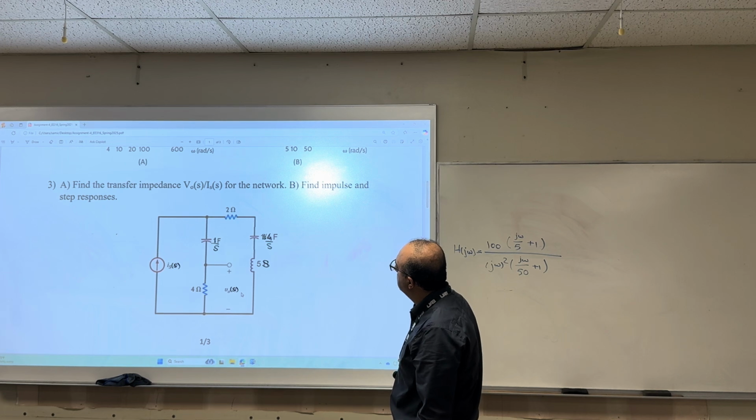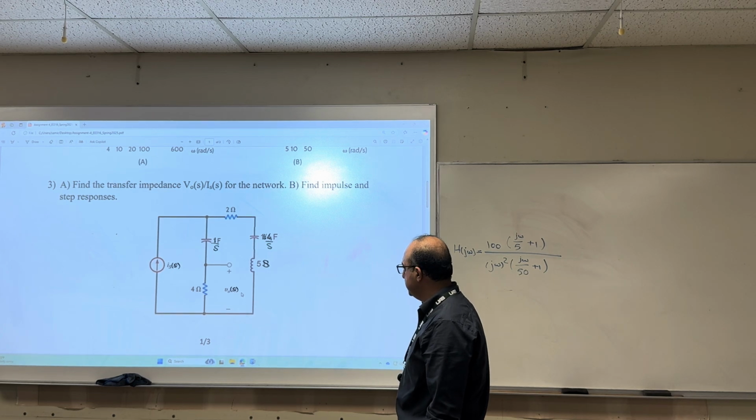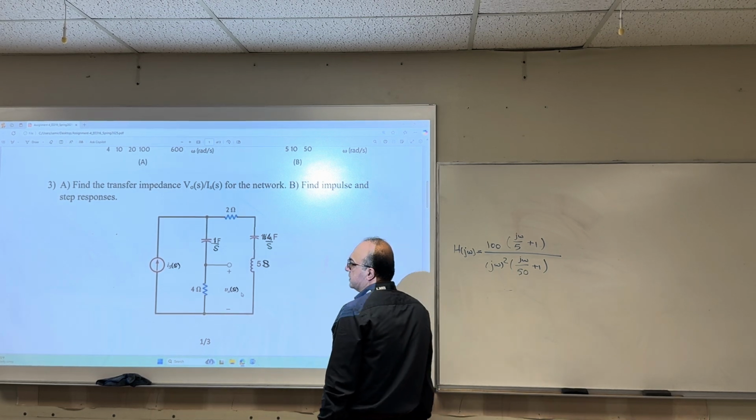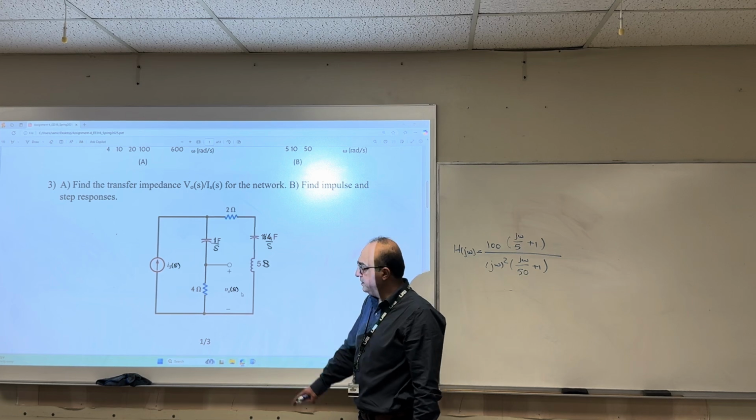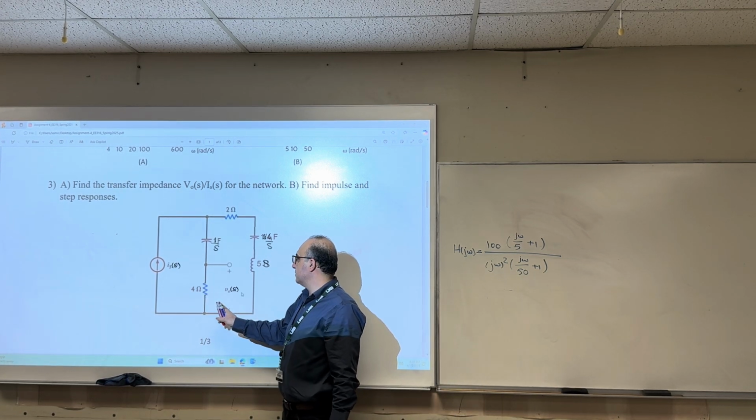So, what is the easiest way to solve this? The best way, I guess, is finding current division between these 2 branches. Then we have the current of this branch.